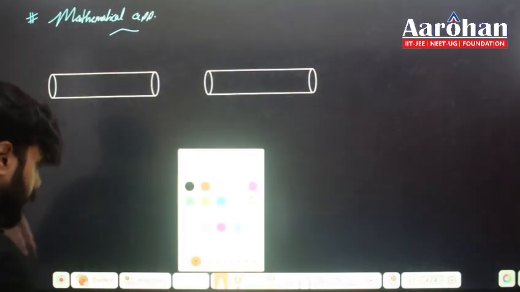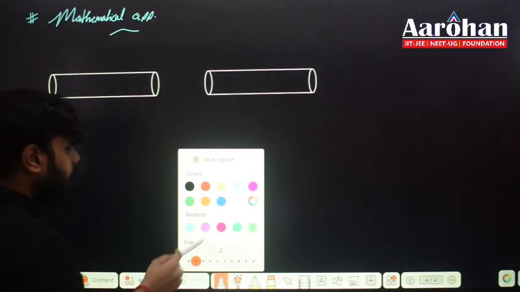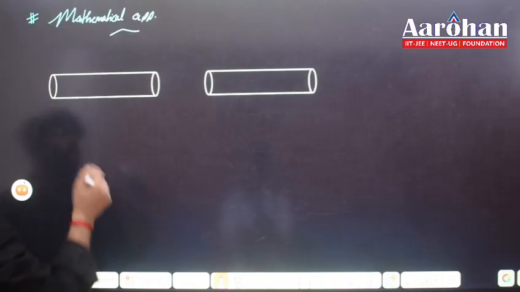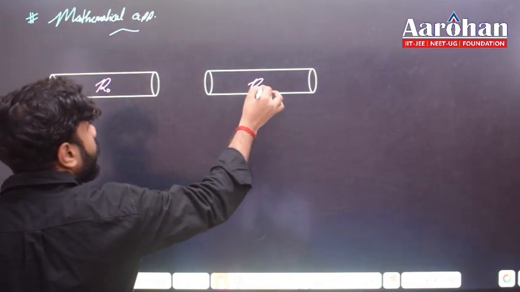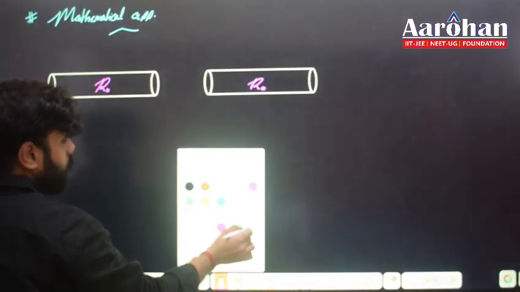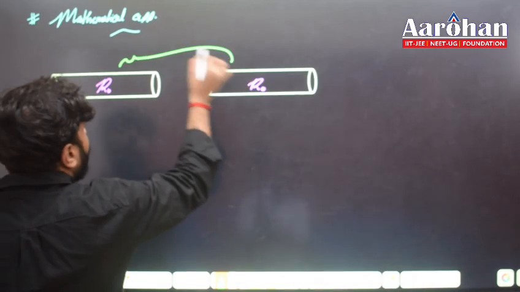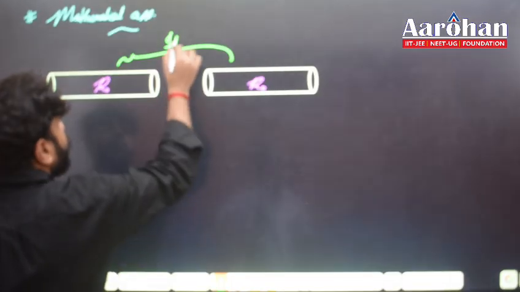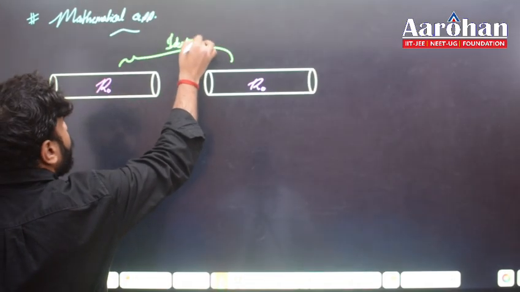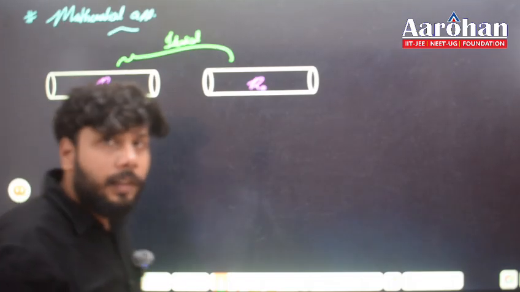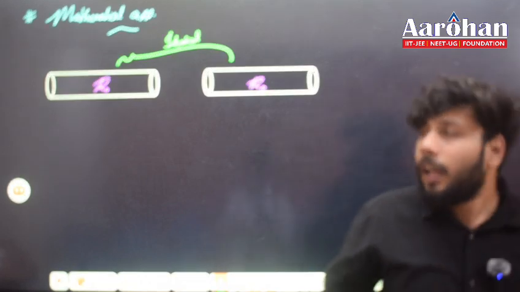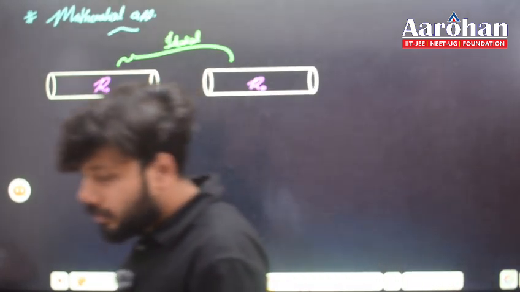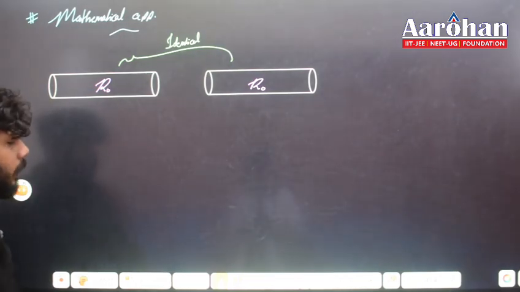Okay, so the first experiment was simple. You had two resistors, R0. These two are identical. Identical in anything, identical in dimension, identical in resistivity, everything. Their resistance is also the same because they are identical.